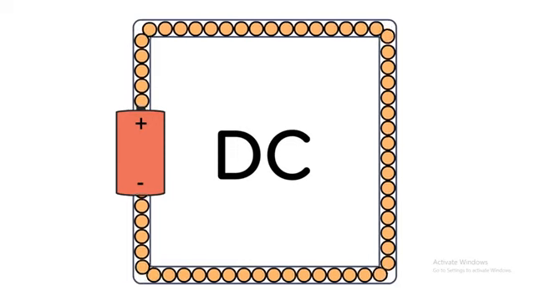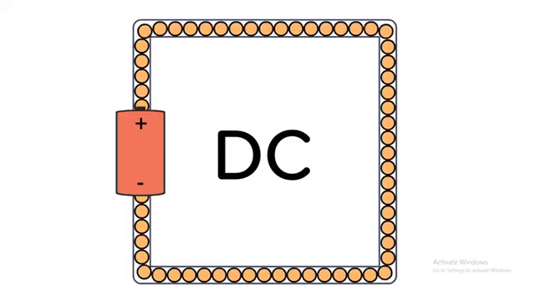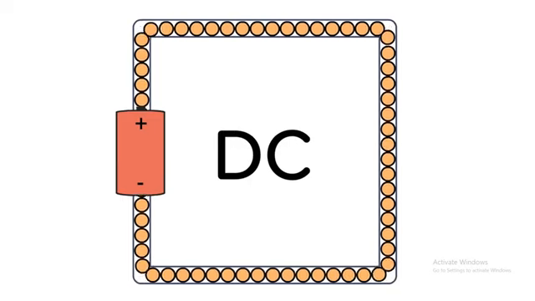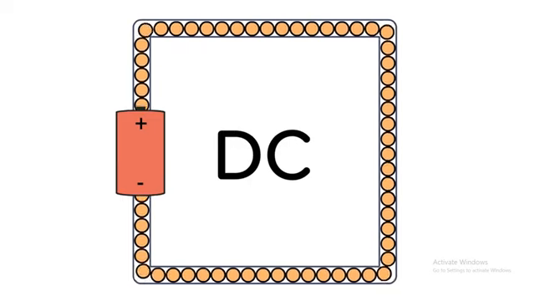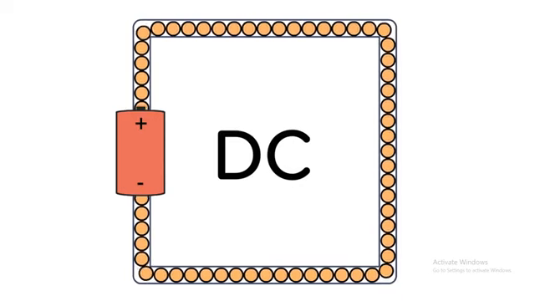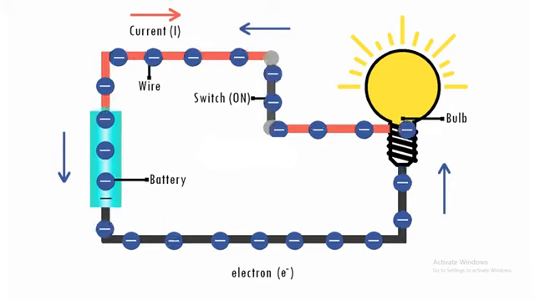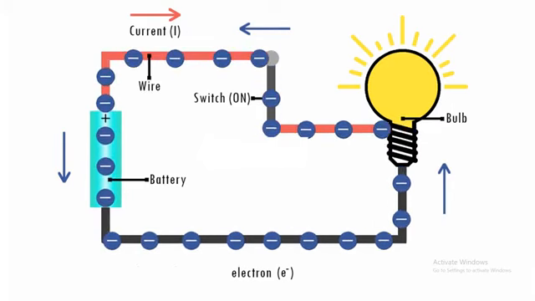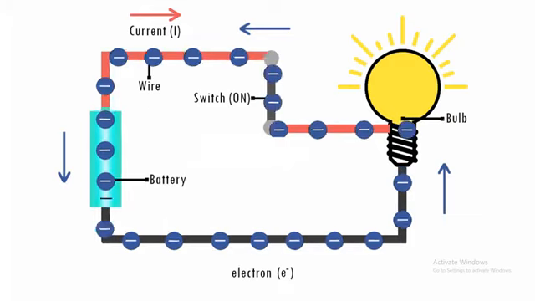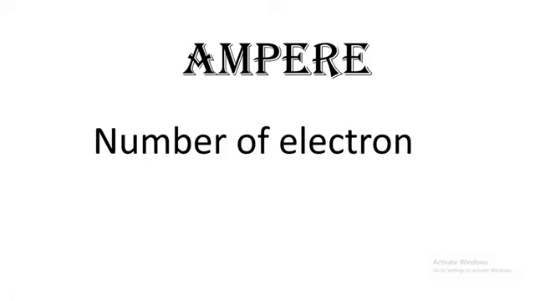So the amount of electrons is called ampere. In this circuit, a lot of electrons are passing through, so it means the ampere is very high. And in this circuit, the amount of electrons is very low, so it means the ampere is low. So the number of electrons is called ampere.